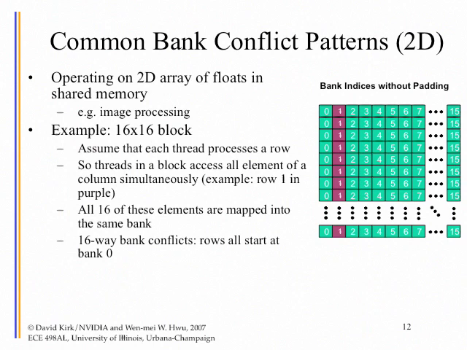Different elements of column 0. In the next iteration, they're going to be accessing all the elements of column 1. Make sense? They're all walking through these rows, but at every iteration, they're accessing elements from the same column.